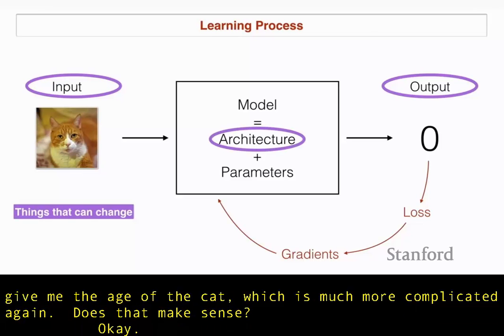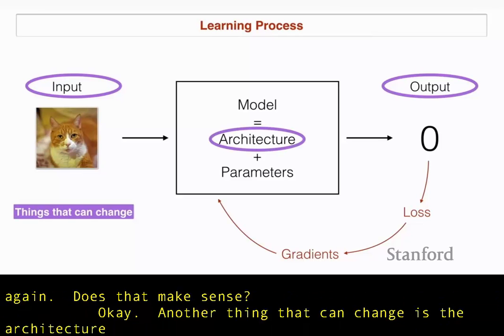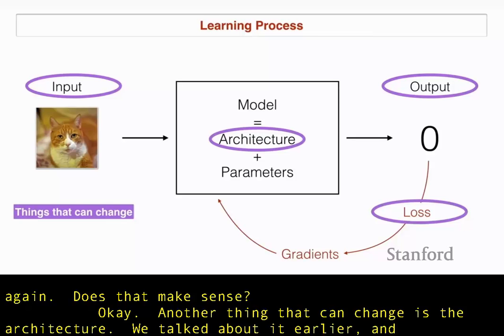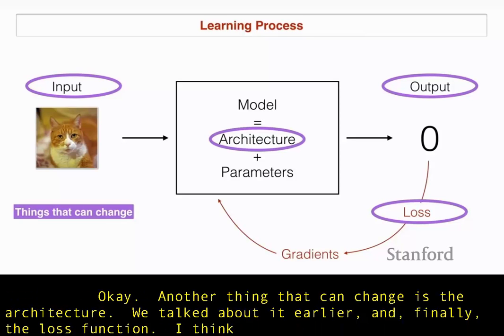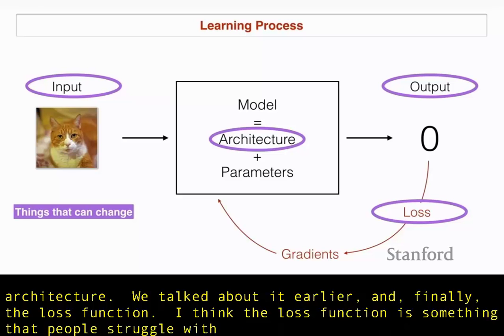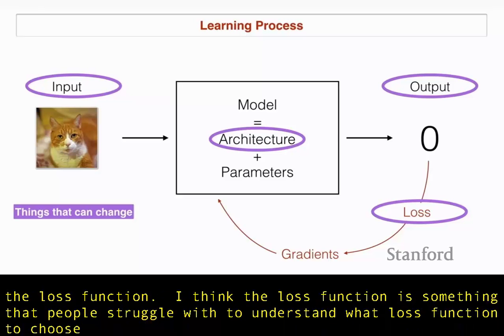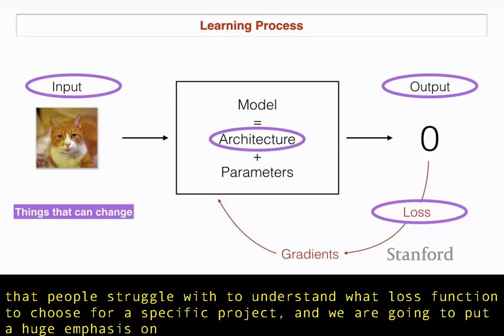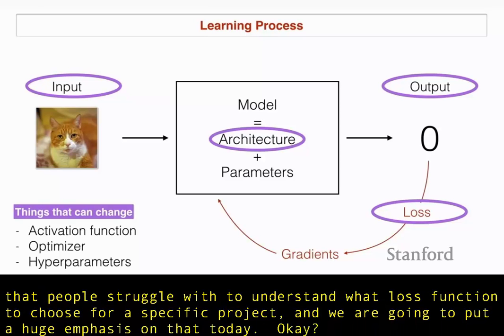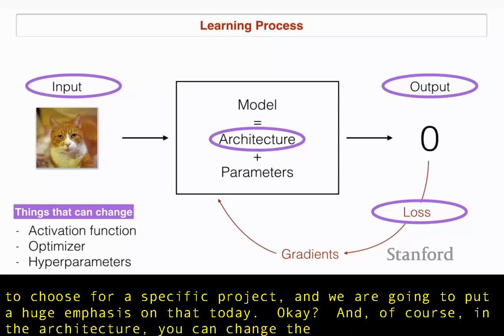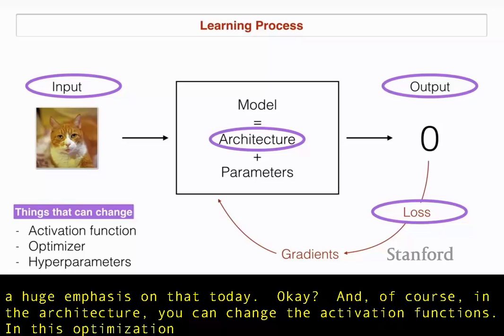Okay. Another thing that can change is the architecture. We talked about it earlier. And finally, the loss function. I think the loss function is something that people struggle with to understand what loss function to choose for a specific project. And we're going to put a huge emphasis on that today. Okay? And of course, in the architecture, you can change the activation functions. In this optimization loop, you can choose specific optimizers.